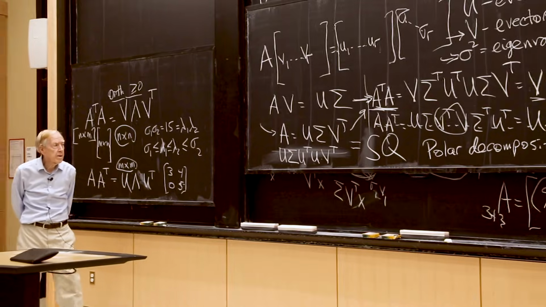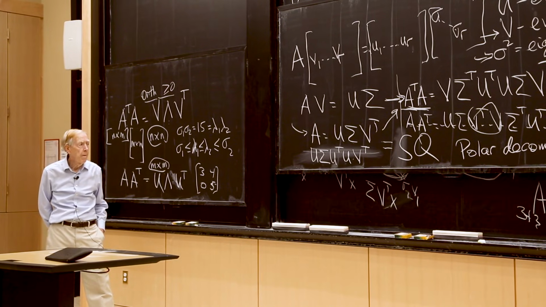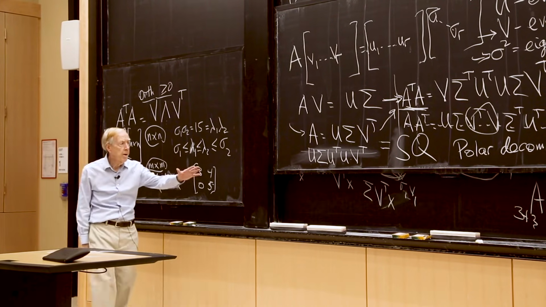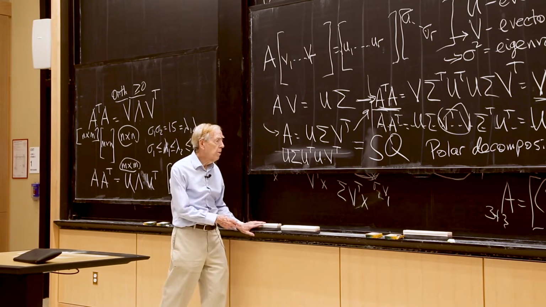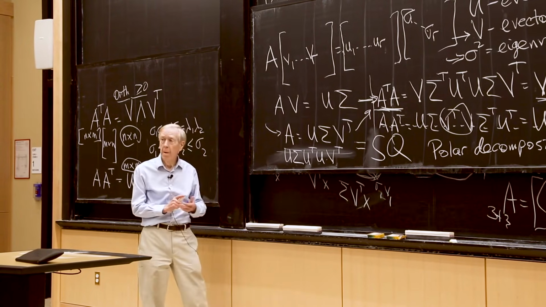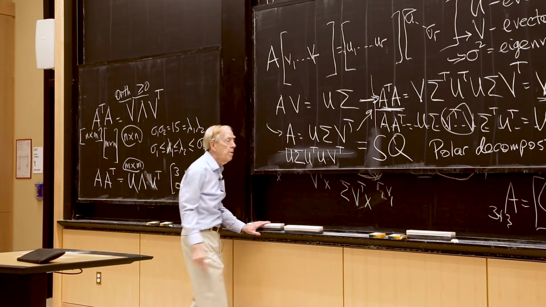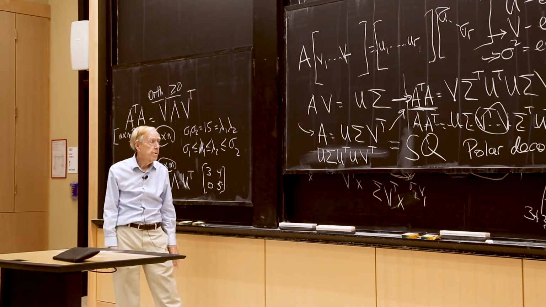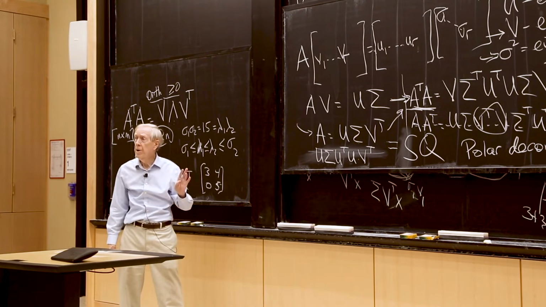And have I got what the polar decomposition is asking for? So you see, I took the SVD and I just put the identity in there. Just shifted things a little, and now where's the S that I can read off?